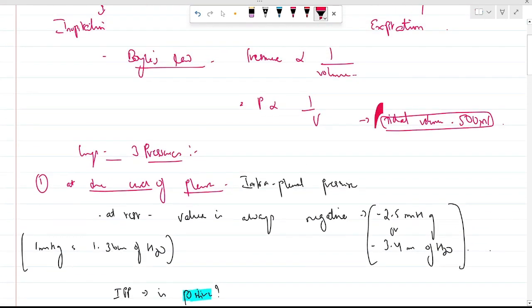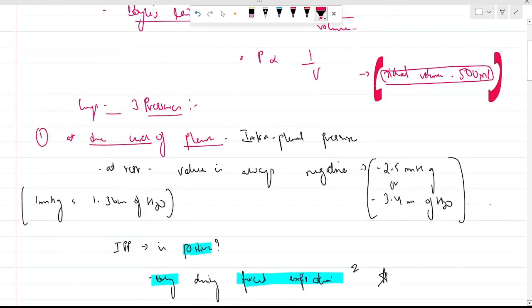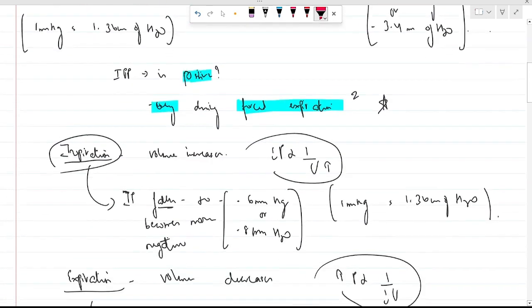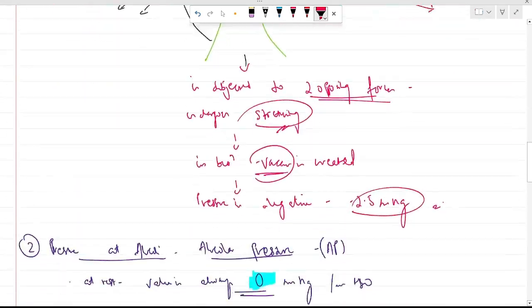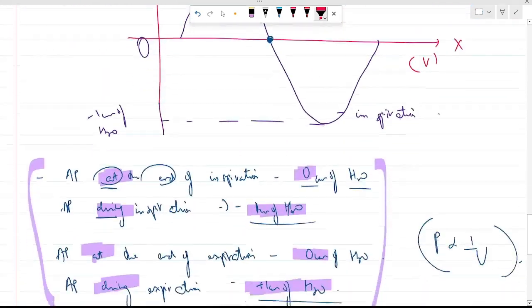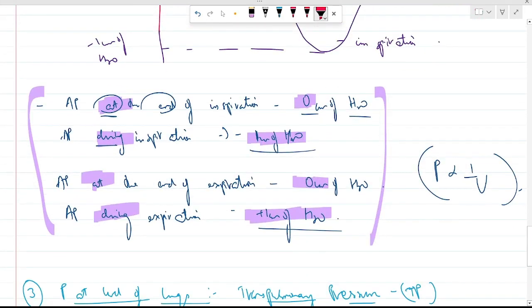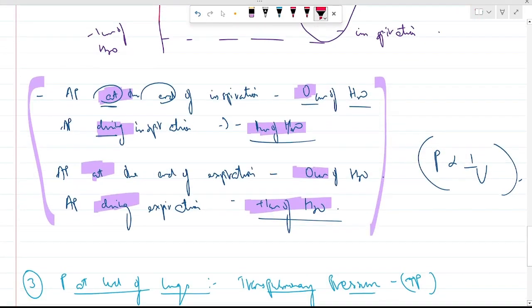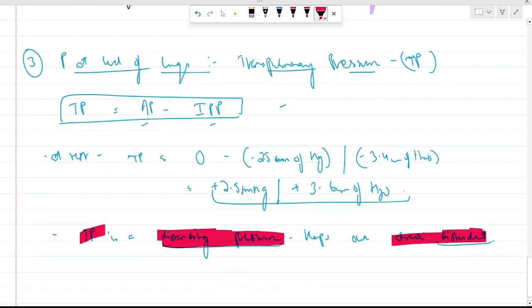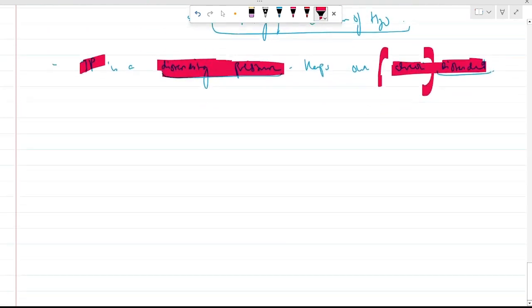There are 3 types of pressure: intrapulmonary pressure, alveolar pressure, and transpulmonary pressure, which is the difference between alveolar and intrapulmonary pressure. The formula can be remembered because the pressure keeps the alveoli distended, so it is the difference between alveolar pressure and intrapulmonary pressure. It's a distending pressure.